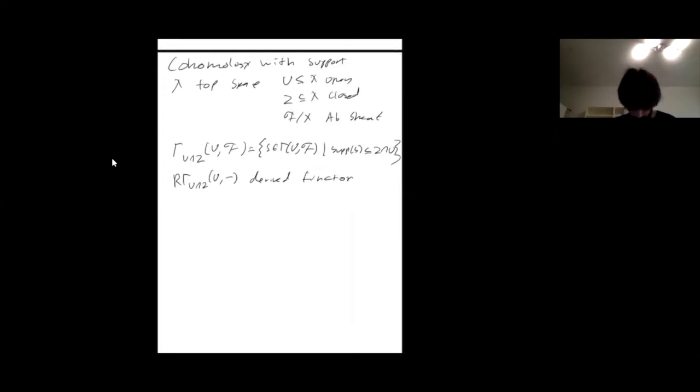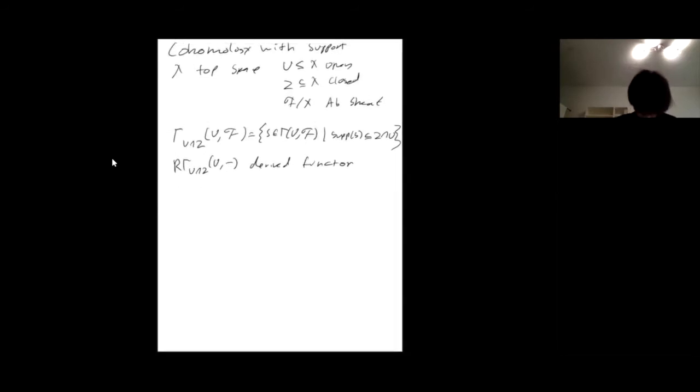This is the sections on the open U such that the support of the section is contained in this closed. This is a left exact functor, and so we can derive it. This is the derived functor, and this is the cohomology with support.